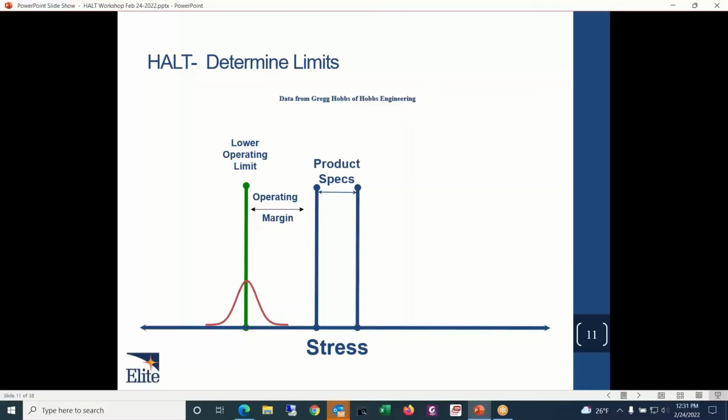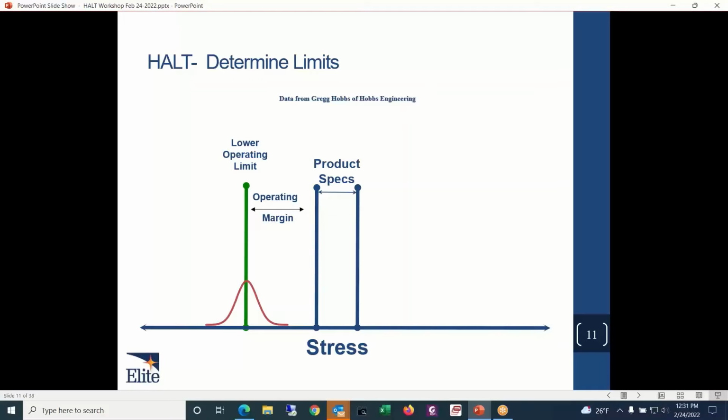So for example, we would lower the temperature of the product below the manufacturer listed specification and find out if there's an operating limit for cold temperature. When you lower temperature to the point where a product is exhibiting some sort of anomaly, we would note that anomaly at that low temperature.